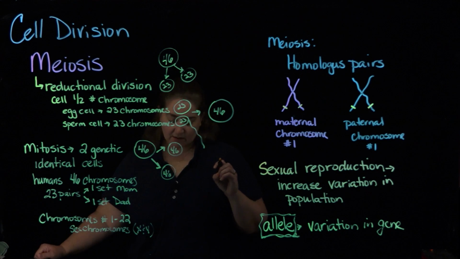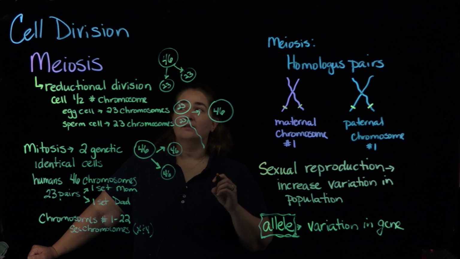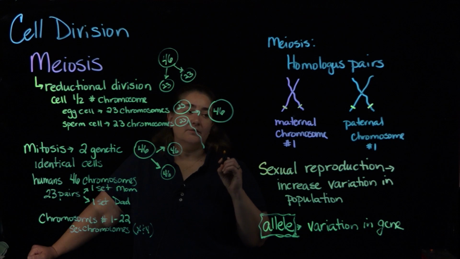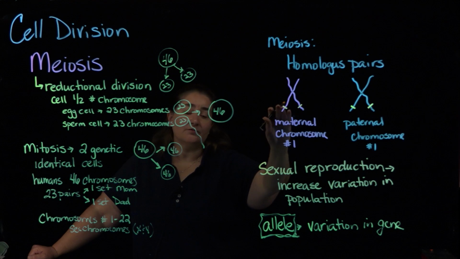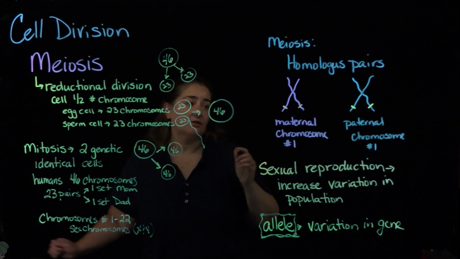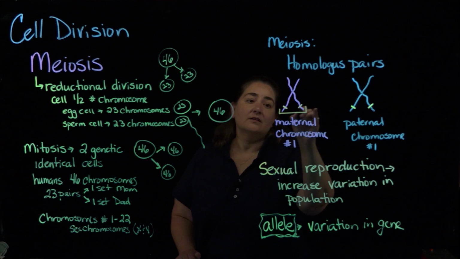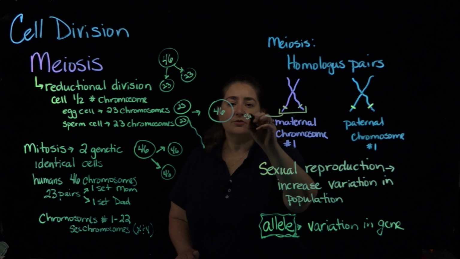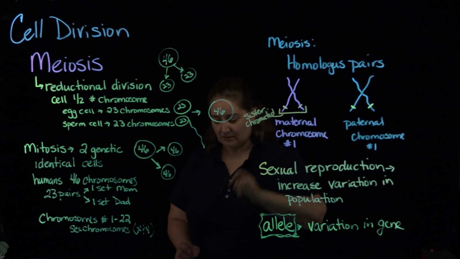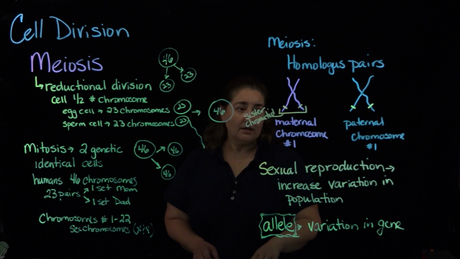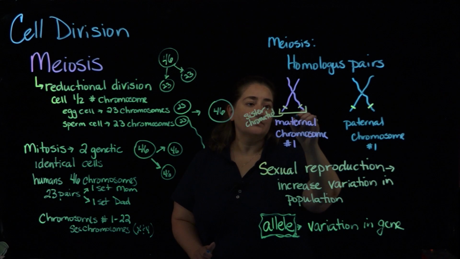But what's going to be important there is that you understand what a homologous pair is versus a sister chromatid, okay? These would be sister chromatids. All right, and I'll use a different color.